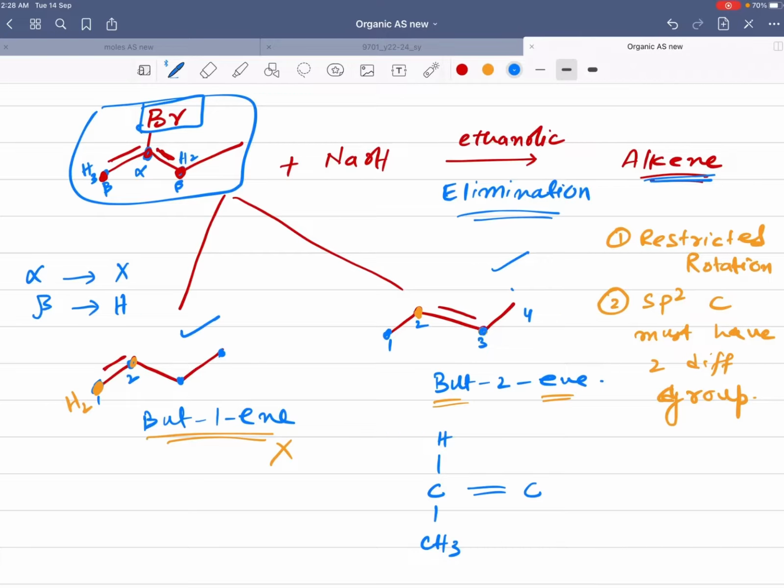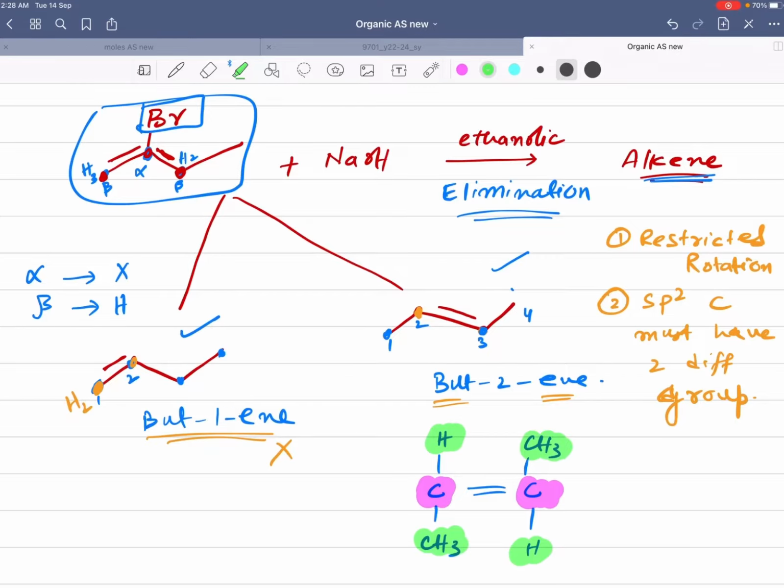And as you can see, carbon number 3 also has one CH3 group attached to it and one hydrogen, right? So both these carbons have two different groups attached to them. Which two groups? A hydrogen and a CH3, and this also has a hydrogen and a CH3.